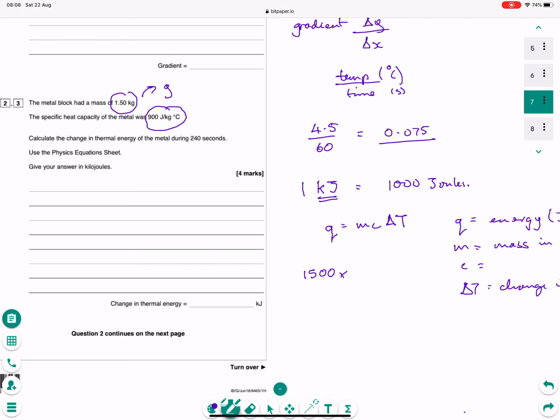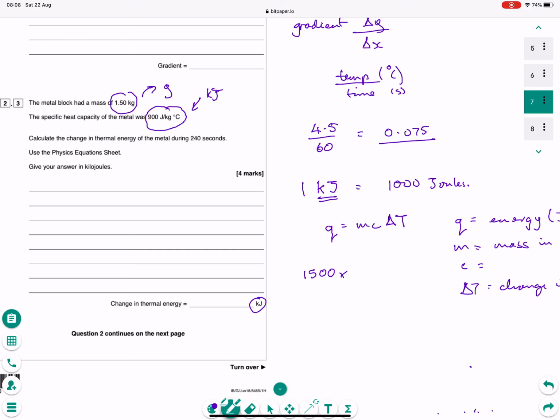I would suggest putting that straight into kilojoules, okay? If you put that straight into kilojoules, that's going to give you your energy in kilojoules. You could do it after doing the calculation, that's the last bit of the calculation, but do it at the beginning, I think.